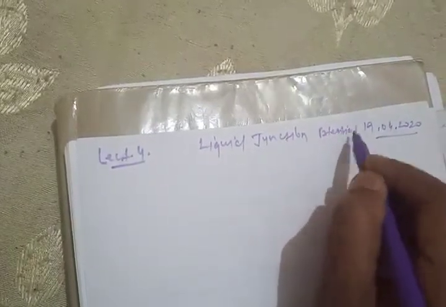I have given a hint in the second lecture or in the previous unit what the liquid junction potential is. So here we will derive the equation, and we will discuss some additional things in liquid junction potentials. First, the definition of liquid junction potential.